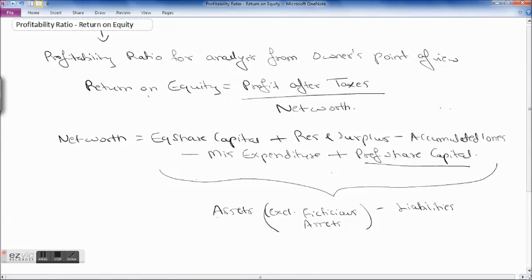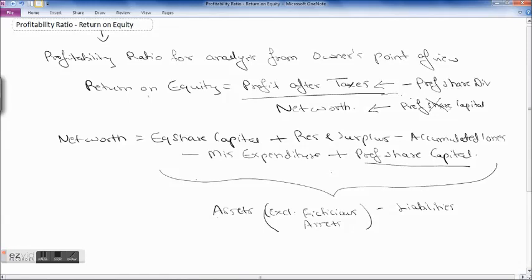Now depending on your denominator, you have to adjust your numerator. Okay, the numerator says profit after taxes. Okay, so if you include preference share capital in denominator, okay, then you can take profit after taxes. But if you don't include preference share capital in the denominator, from profit after taxes you have to reduce preference share dividend.